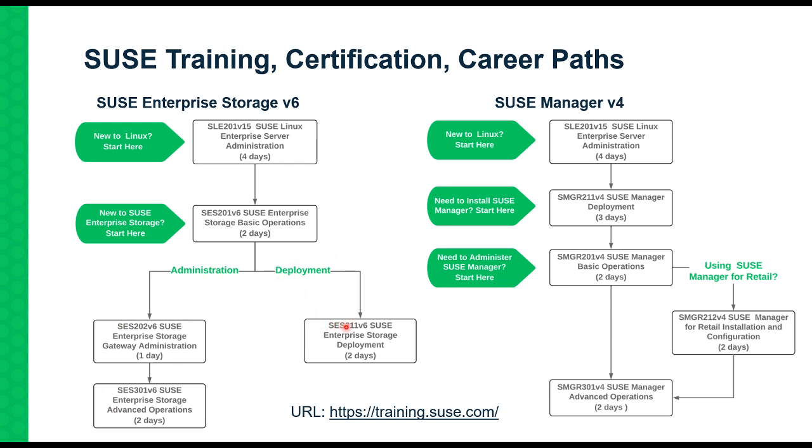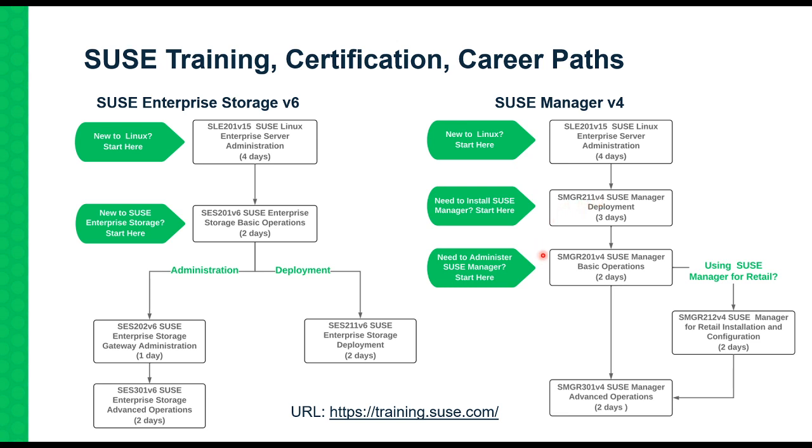When we look at the SUSE Manager, which is also a career path on its own, you can start with the SLE 201 version 15. We've done version 12 right now. There is also a bridging course available between version 12 and 15, which only takes a day. Then you will look at the SUSE Manager Deployment course, which is the SMGR 211 version 4.